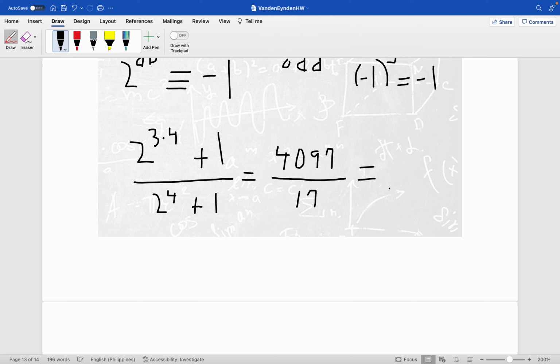So this special case is exactly what we set out to prove: 17 divides 4,097. Here's the proof. That's exactly in this form, 2 to the ab, where a is odd, and this right here is 2 to the b.